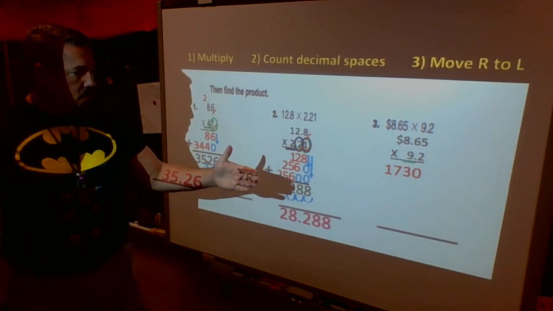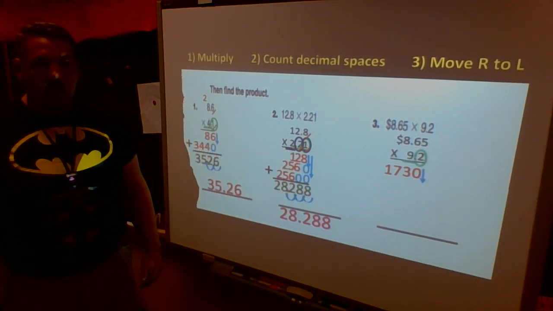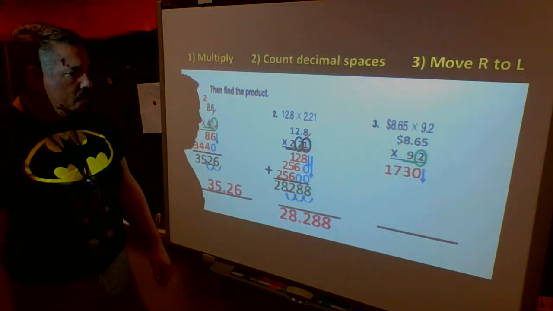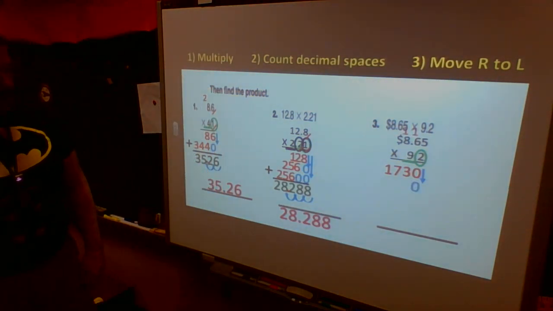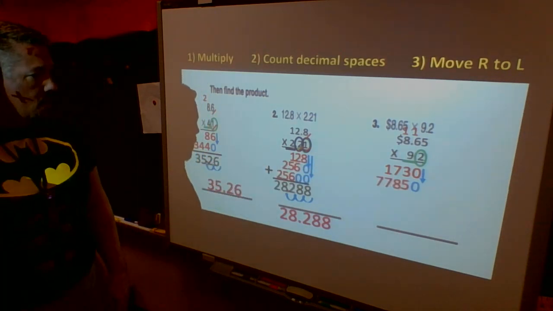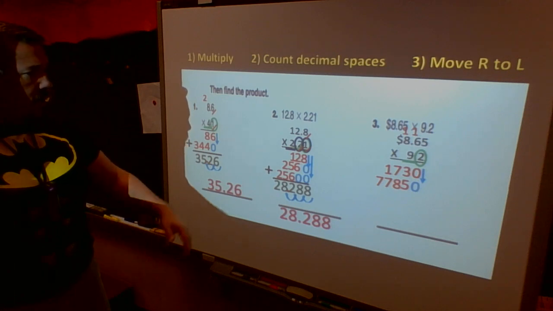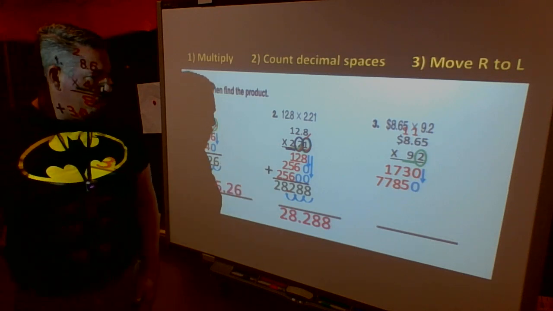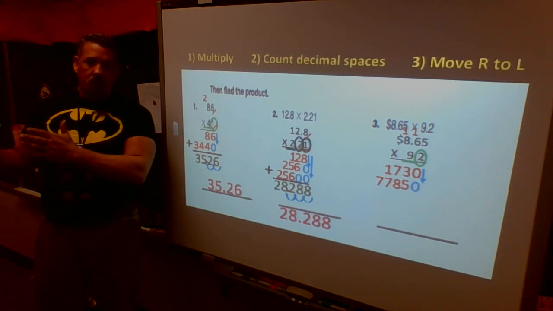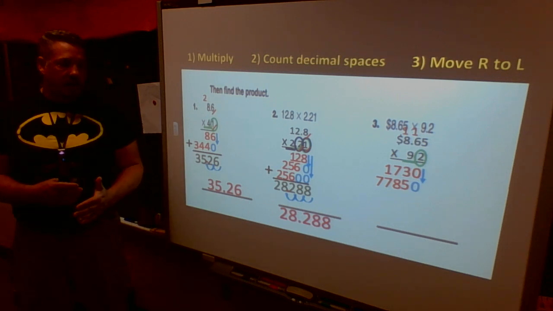My second number tells me to bring down a 0, so I don't forget to hold that place value, and then I can multiply my 9s. When I multiply by 9s, I'm going to get 9 times 5 is 45, carry my 4, and then I'm going to multiply. So we line everything up where it goes so we don't get confused on the addition.